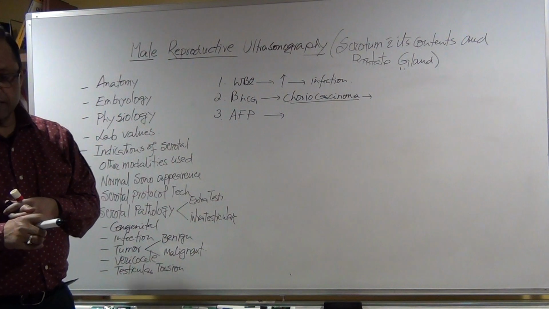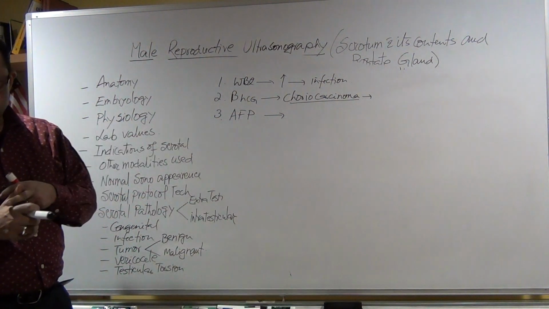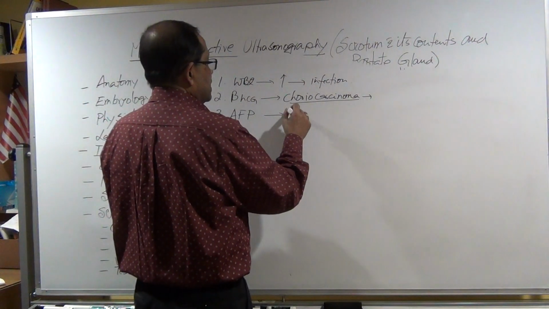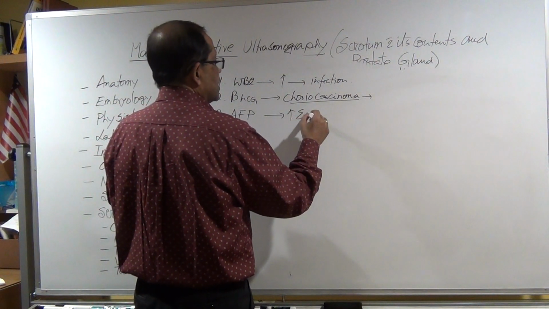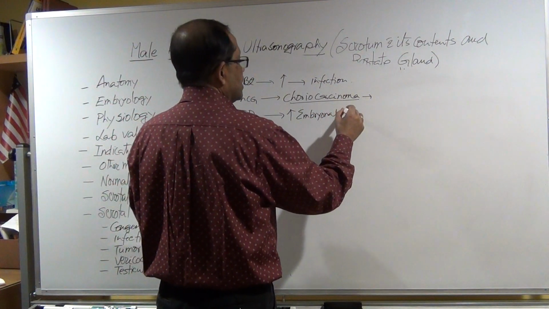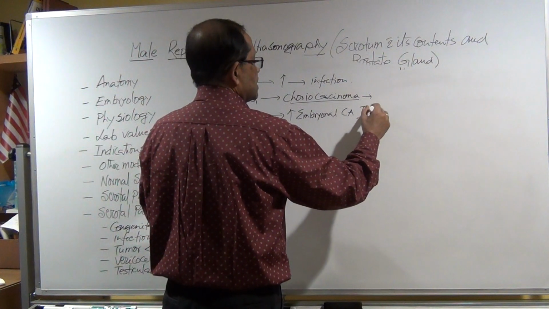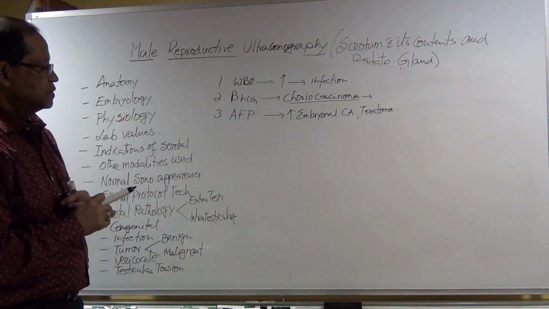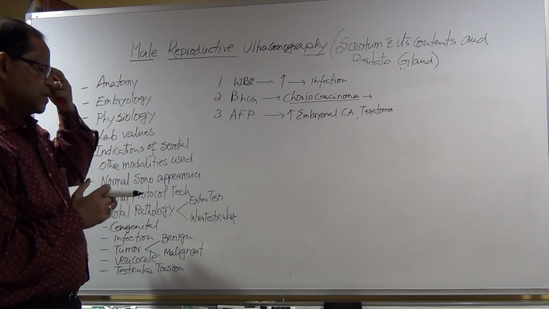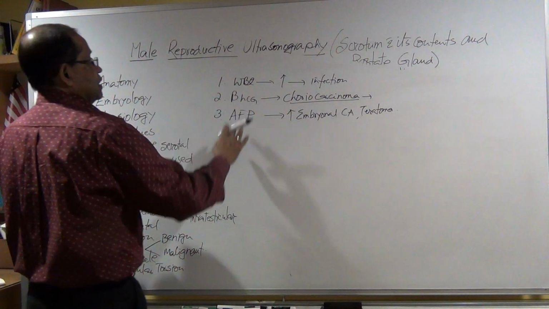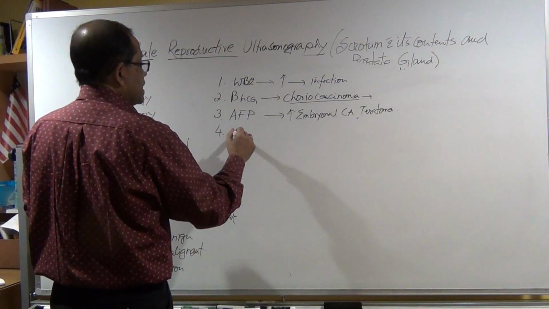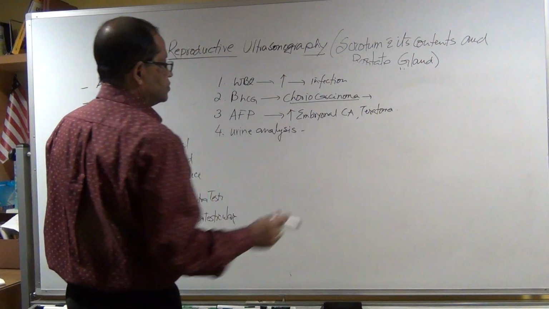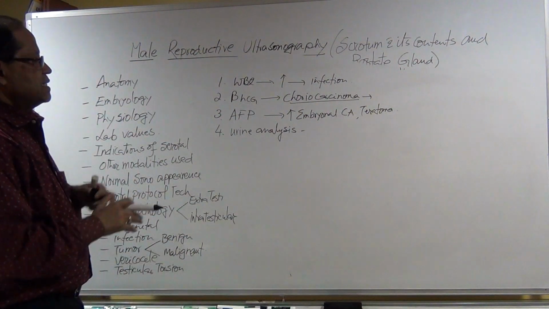Alpha fetoprotein is increased with cancer of the testis, embryonal carcinoma, then teratoma. Okay? And urine analysis. So that's it.